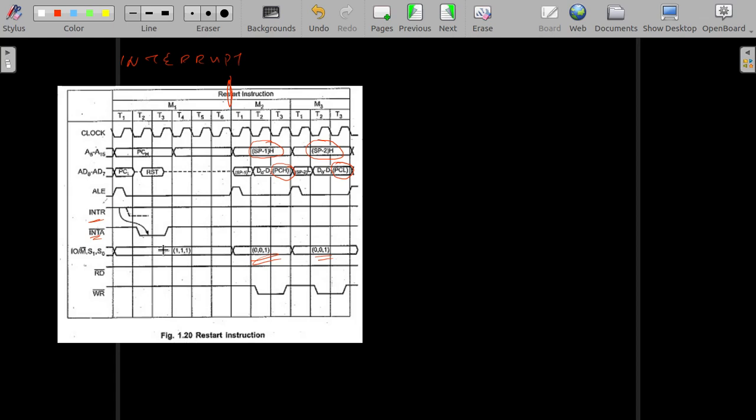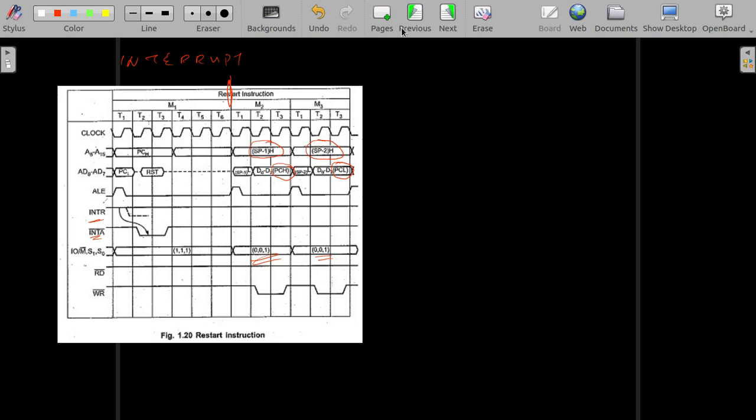When an interrupt is acknowledged, before starting the execution, the current program counter has to be pushed into the stack. That is what is happening here. So this is the interrupt acknowledge cycle combined with two memory writes, which is the entire restart instruction, which is an interrupt.